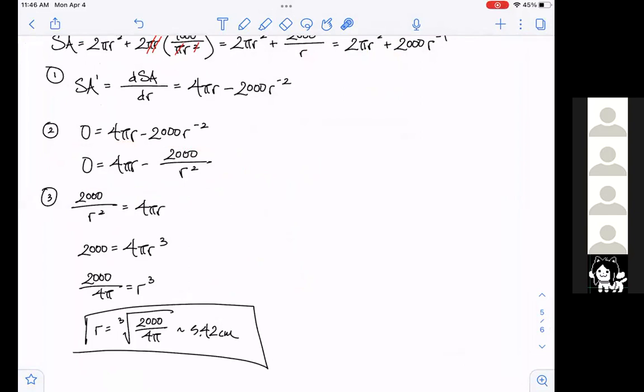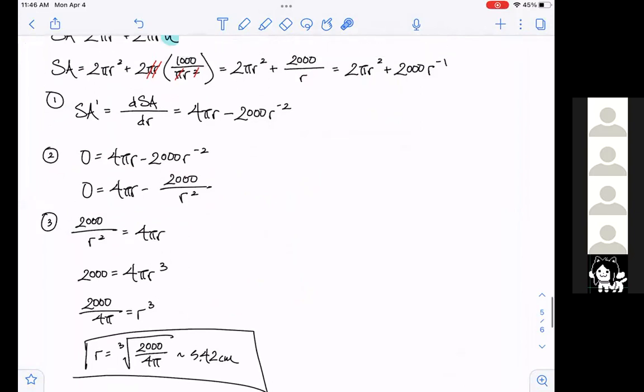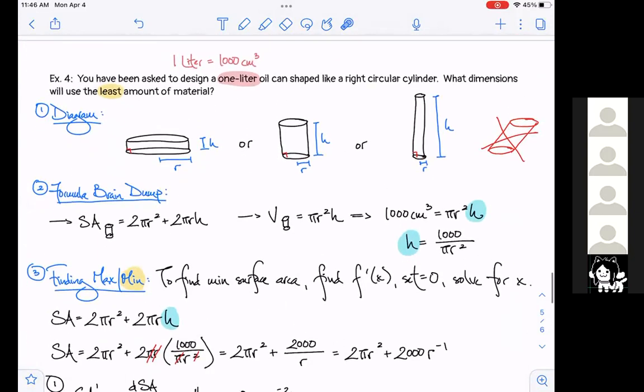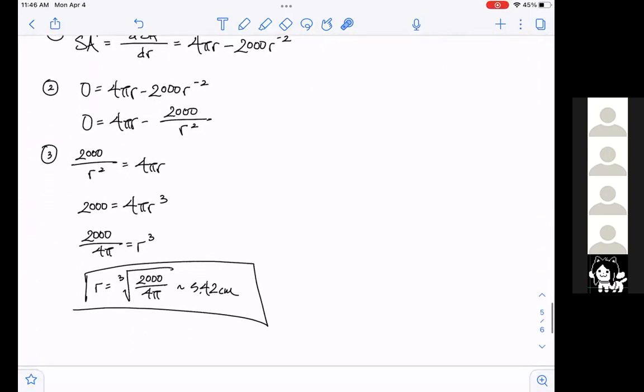All right, so let's go back and check. Did we fully answer the question? It says, what dimensions will use the least amount of material? You write down r equals 5.42 and you lose the point. What did you lose a point for?